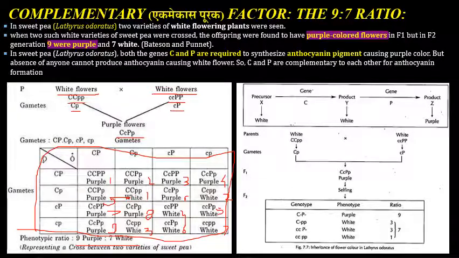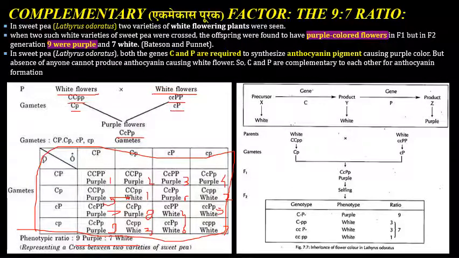So when the precursor in white plants having the C gene produces a product with white colored flowers, and in the presence of the complementary gene, that is the P gene, the product will be purple colored flowers.